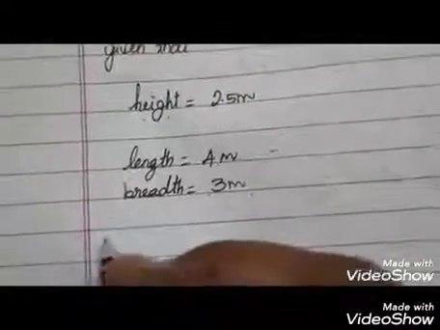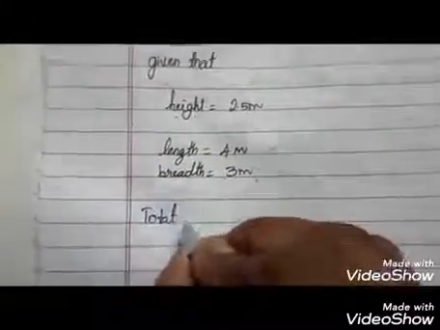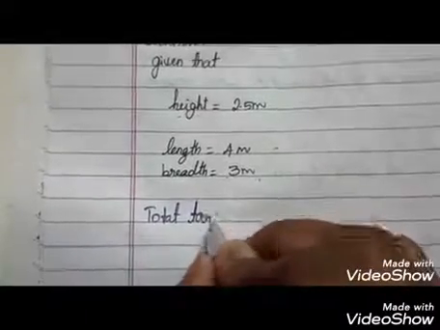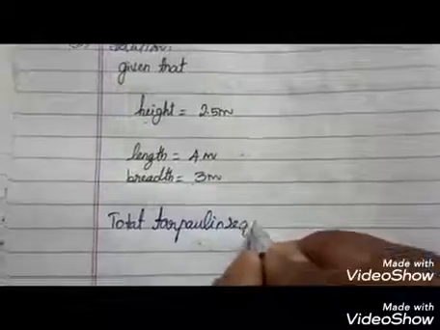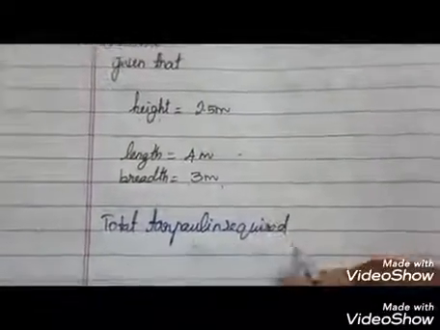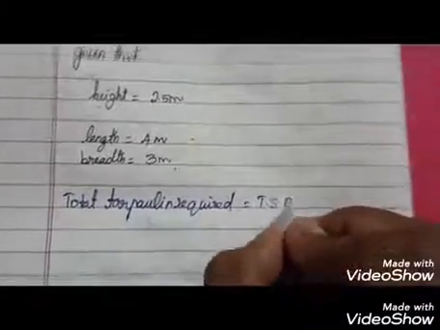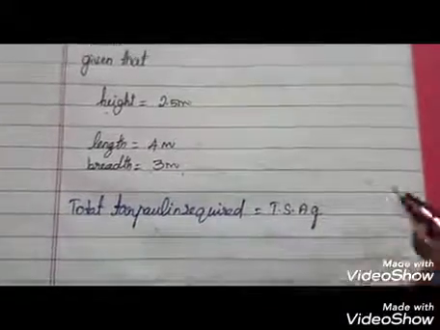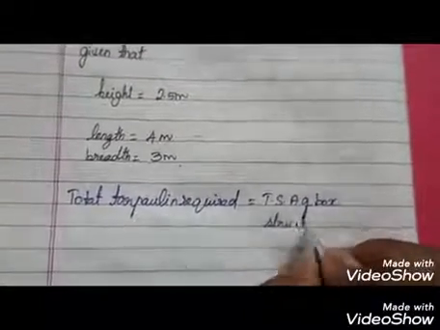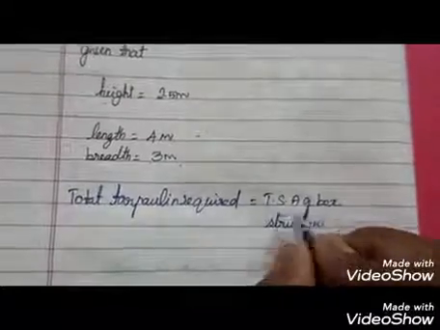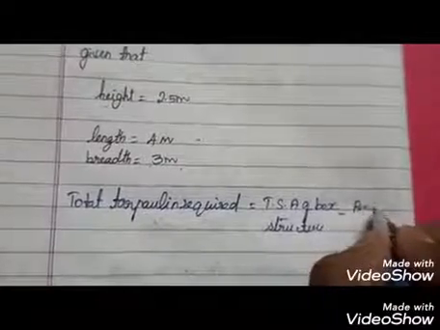So total tarpaulin required is equal to total surface area of box structure minus area of base.